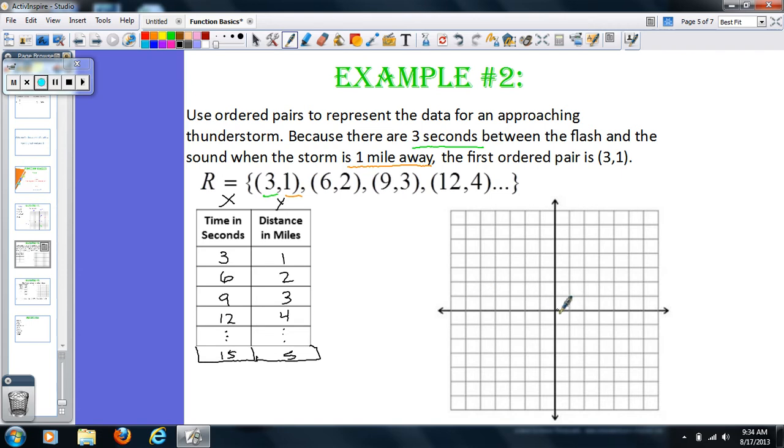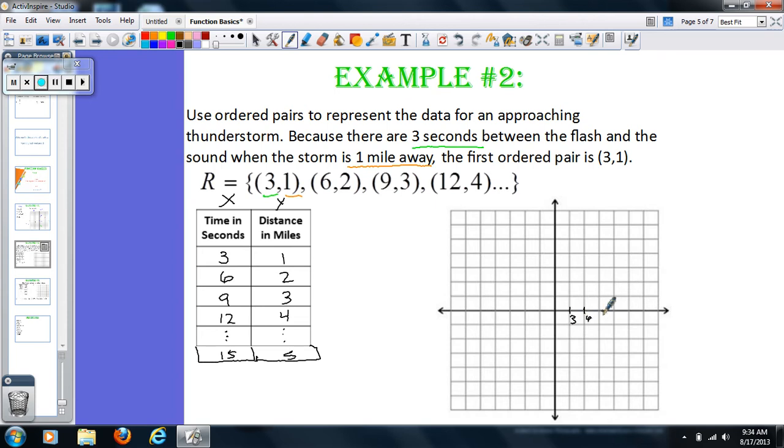So the very first one is over 3, up 1. Point 2 is going to be over 6. And actually, we're going to run into a problem here because as I go, I'm going to go off the coordinates. So to make this a little easier, instead of these each being worth 1, let's make each one worth 3 since we're going in coordinates of 3.